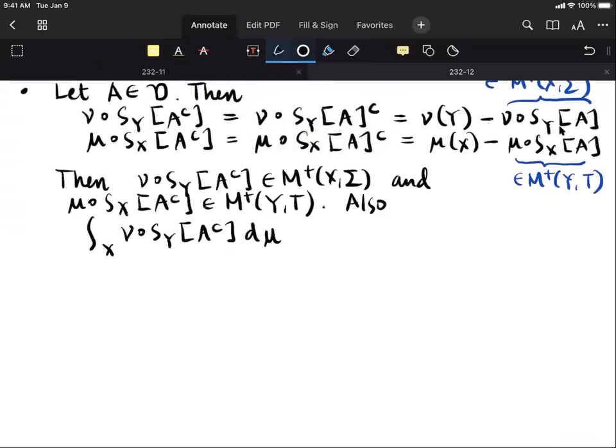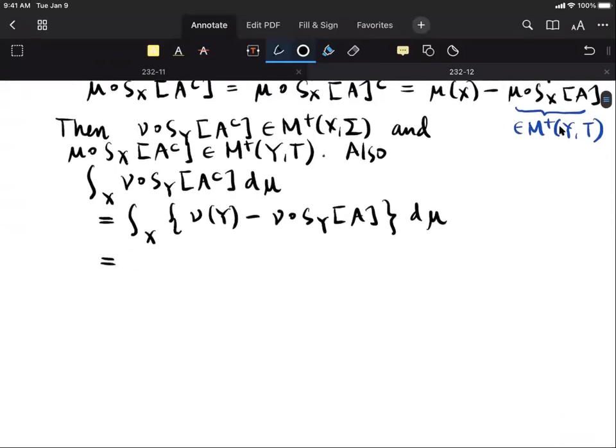Okay, so with this, let us apply the first according to the above equation. This is nu of y minus nu of the section on y, d mu. By bilinearity of the Lebesgue integral, the first one would be nu of y, nu of x minus the Lebesgue integral.